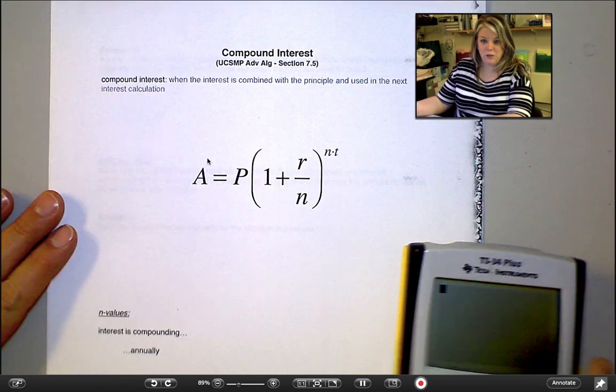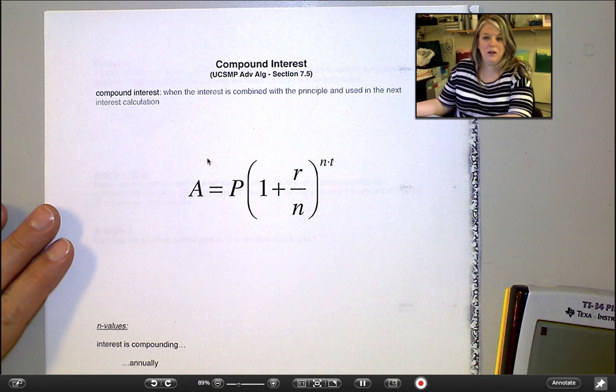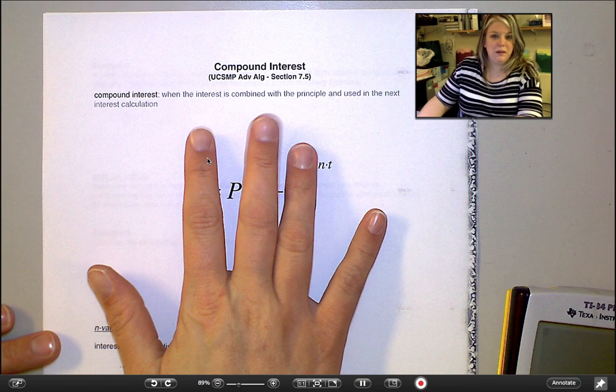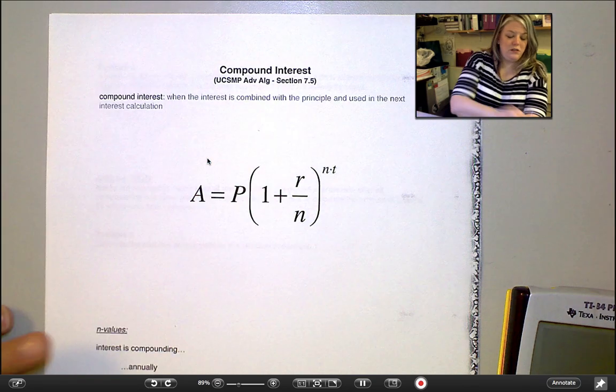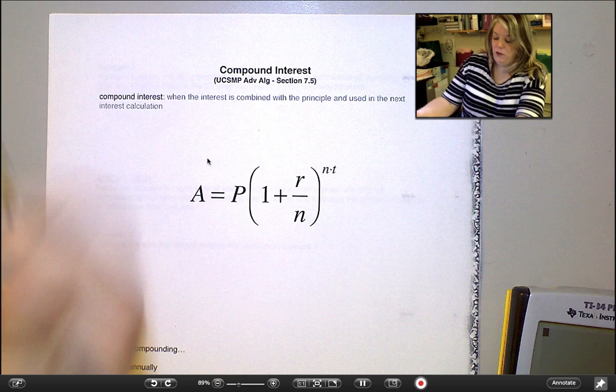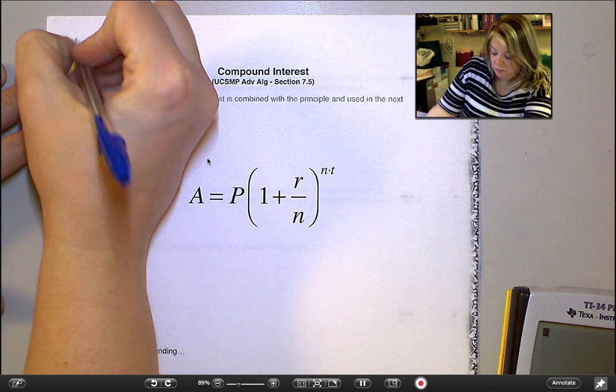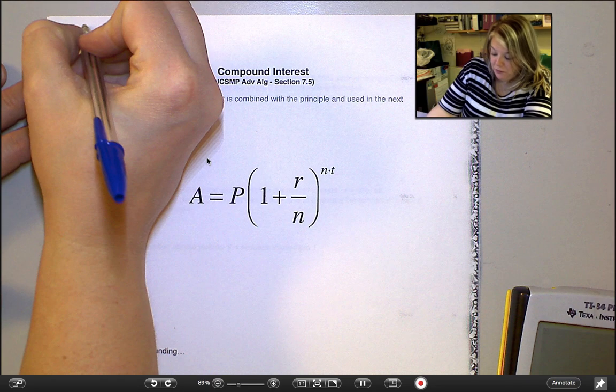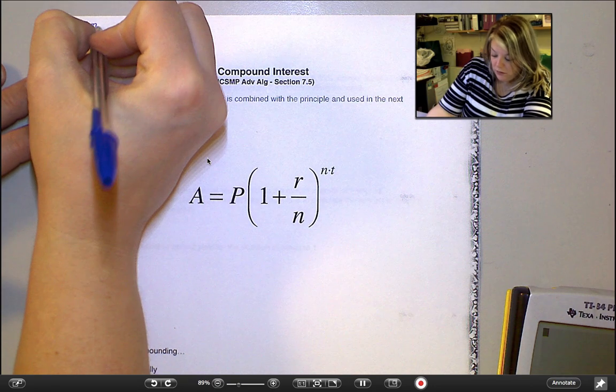So I just want to take a quick second and explain what I mean when I say compound interest. I have a definition here, but let's really talk about what that means. So if you put $100 in the bank, let's say, and they say they're going to pay you 5% interest, okay?